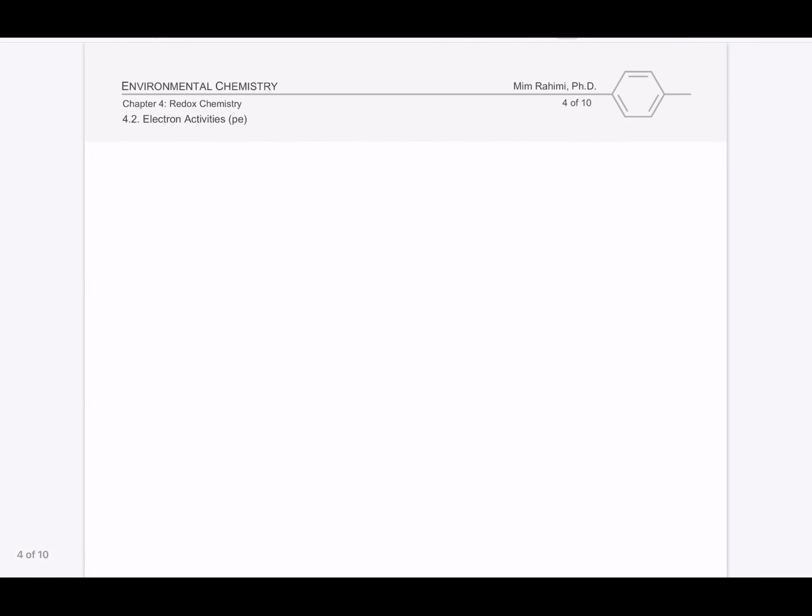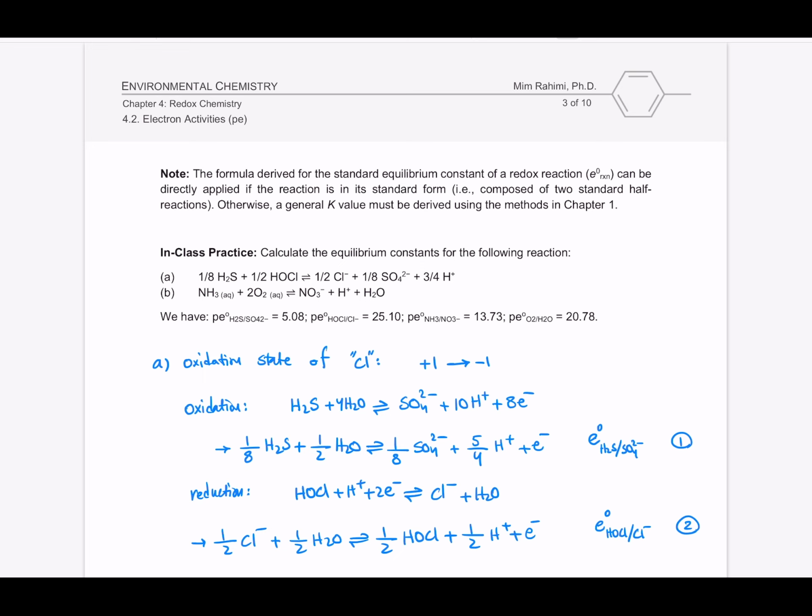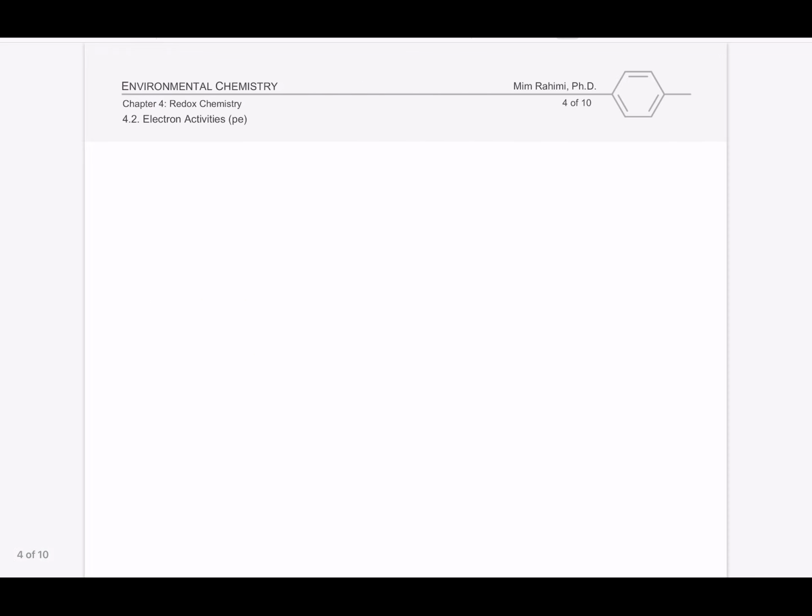Okay, now let's look at part B. Part B is the specific reaction. It doesn't look like a standard reaction because we have some other values like 2 that probably are not coming from 2 standard half reactions. So we can quickly do part B. It's not standard.